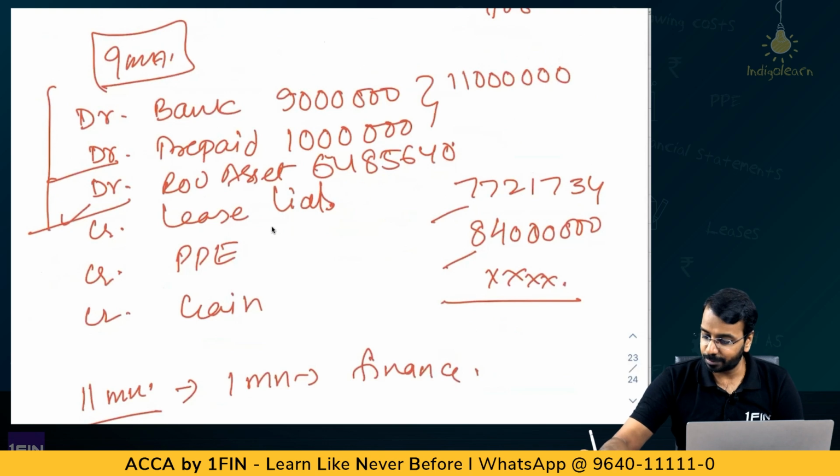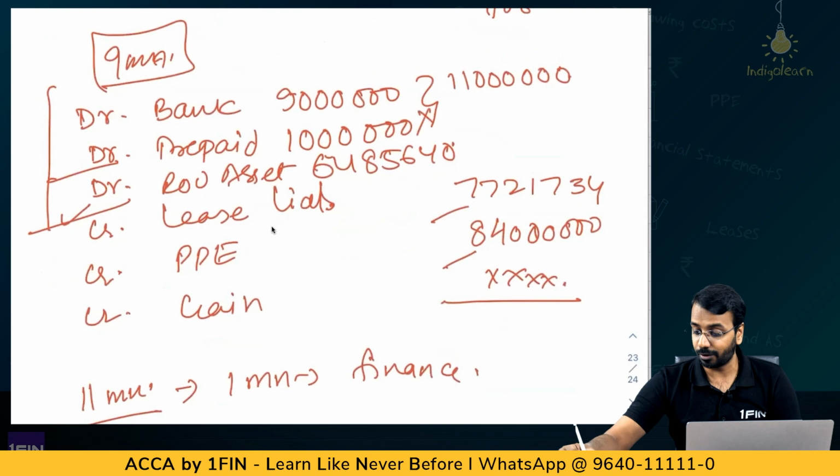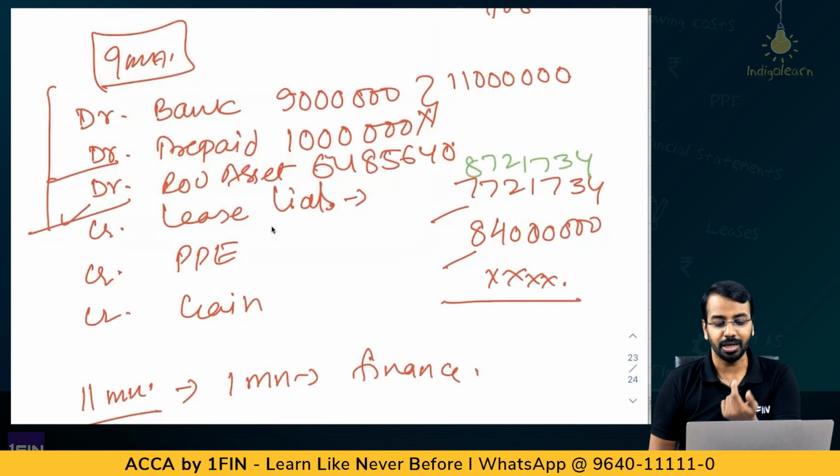Now here there is nothing called prepaid, because we have not prepaid, we have received extra money. That extra money of 1 million gets added to the lease liability. So lease liability will be 8721734. Remaining all will be the same. Okay. So that is how we account for sale and leaseback transaction.